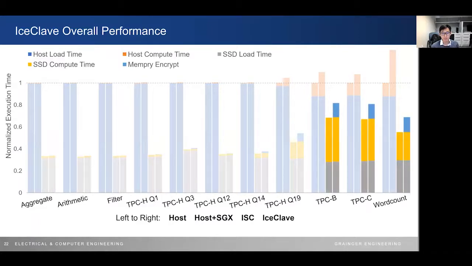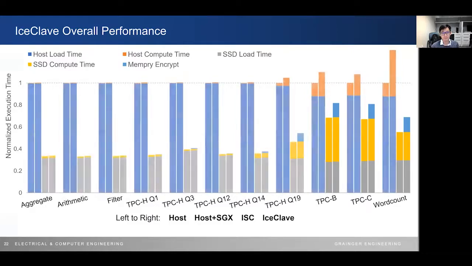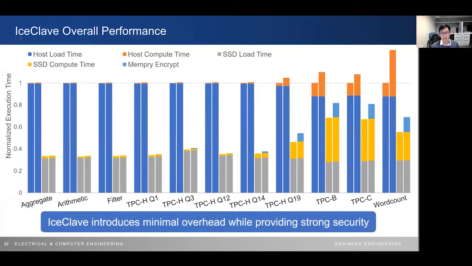For workloads with more memory writes, hybrid counter introduces more overhead as we expected, but it is still faster than host-based computing. Overall, IceClave introduces minimal overhead while providing strong security for in-storage computing. More sensitivity analyses are also available in the paper.